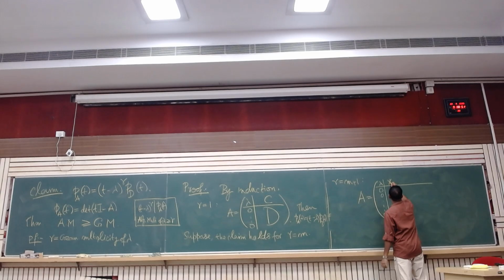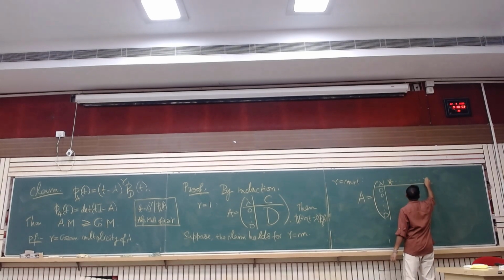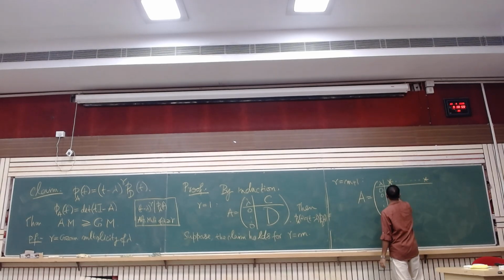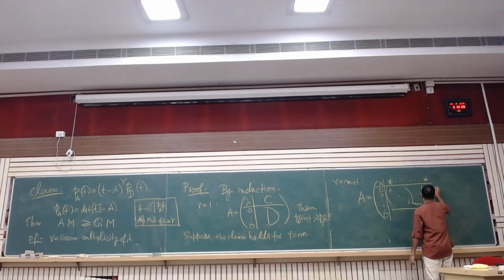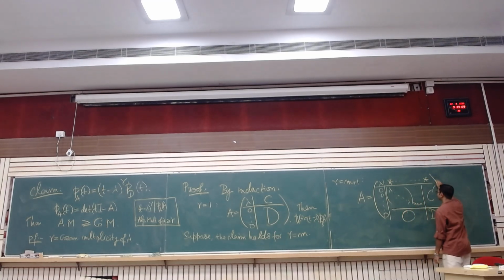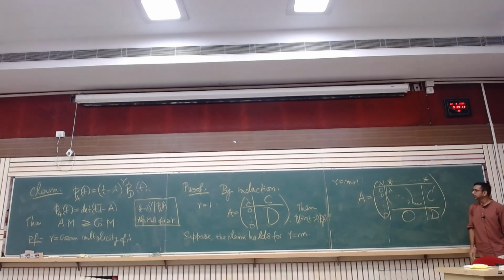Here are some entries that you don't know. And here there are lambdas. How many? Now 1 less than m plus 1, so that is m cross m. And here there is some c dash. Here is the D. And here everything is 0. So this is the form of A we are now considering.